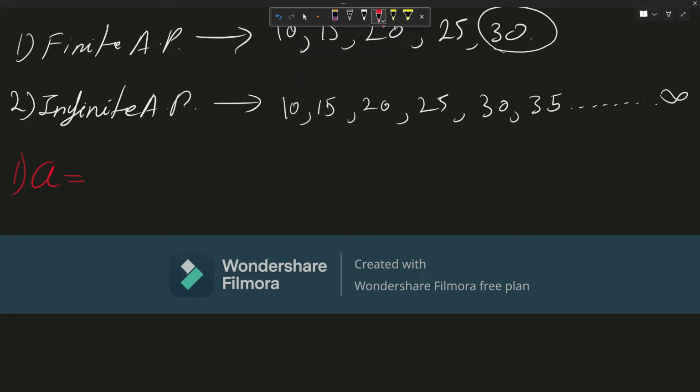No, A is the first term of the AP. So you can say here 10 is the first term, A is equal to 10 as it is the first term. That's how it works. Now let's talk about the second one, that is D. D you already know, common difference.